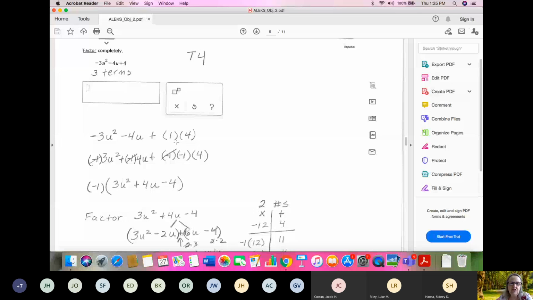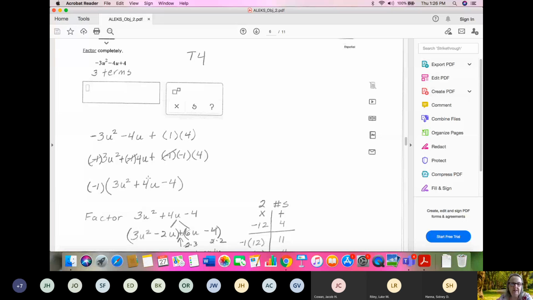So let's factor out a -1. That means we're going to take out a -1 from each and every term here, and we are able to do so. If we take a -1 out of the first term, we're going to cross that guy out. In the second term, we're going to cross that guy out. And in the third term, we're going to cross one of the -1s out.